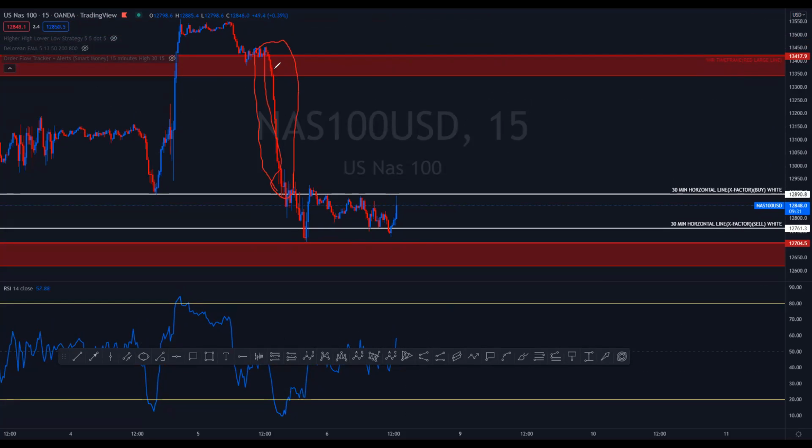So all this imbalance that they created from this move put them in huge profit, but also put them in huge loss because of all the other imbalance, all the other moves, the orders that weren't filled. You can see that they actually filled in this whole order here because they had to fill in this imbalance that this created previously, okay? So let's turn on our order block indicator here.